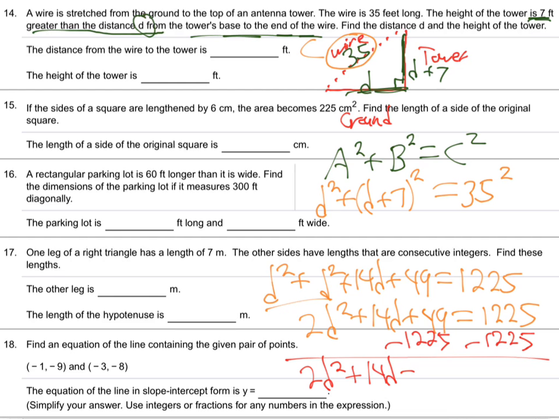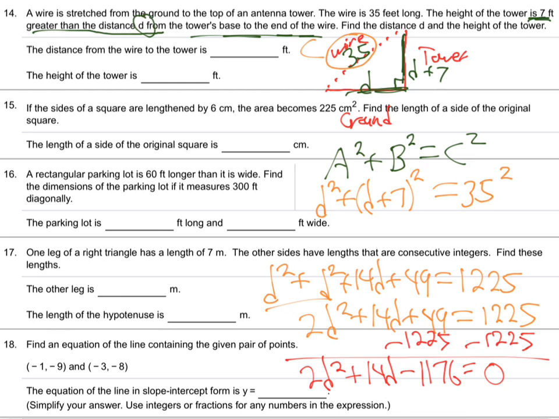That seems wrong to me. 1176. You sure? It could be, maybe. Yeah, you're right, you're right. Equals 0. So now we got a 0. See how we got a 0 there?